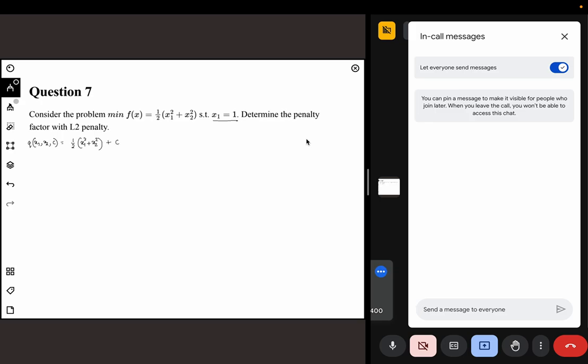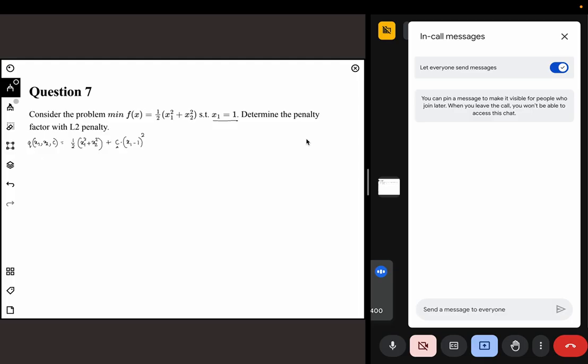I have to have C times whatever is my constraint, and since I am saying L2, it should be squared, right? The question I've asked you is to find this value of C at which I'll get an optimal value. How do I solve this?